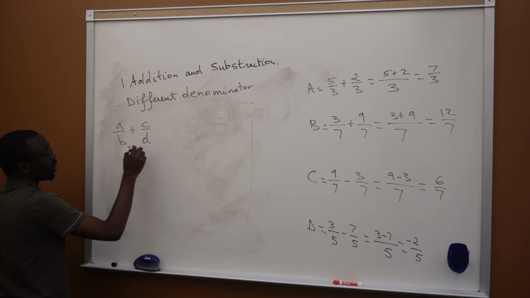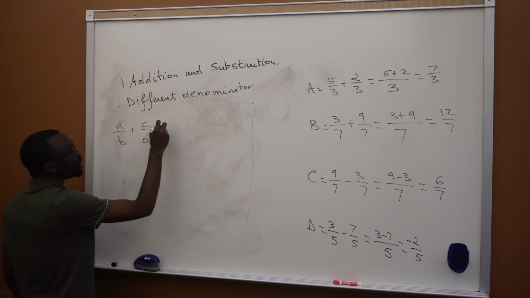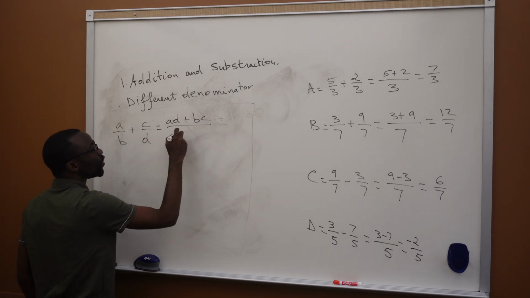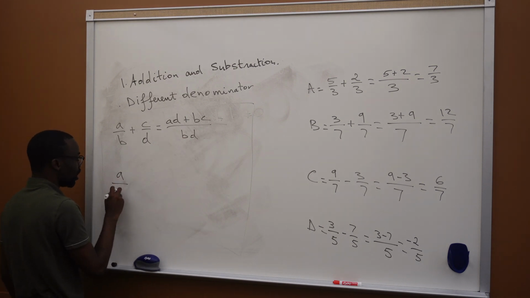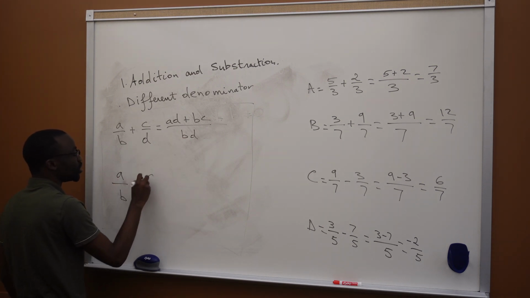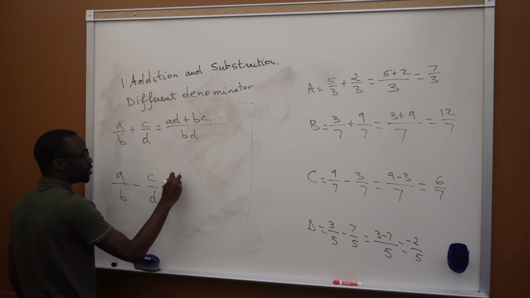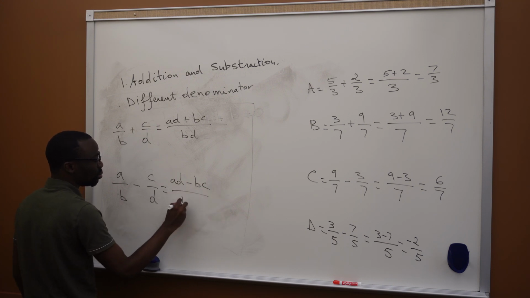You see two fractions right there with different denominators. It's equal to a times d plus b times c over bd. Same thing with subtraction. a over b minus c over d is equal to ad minus bc over bd.